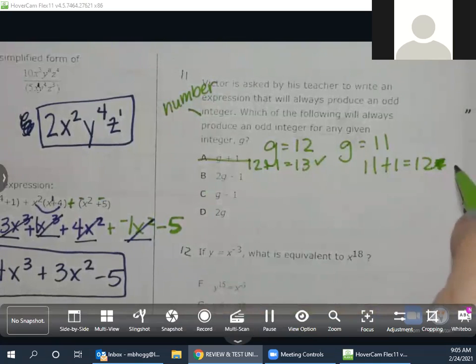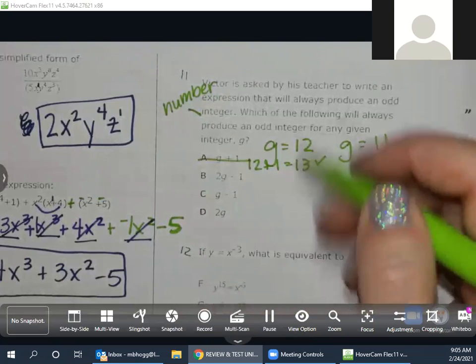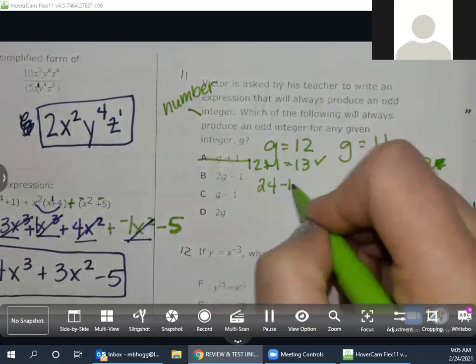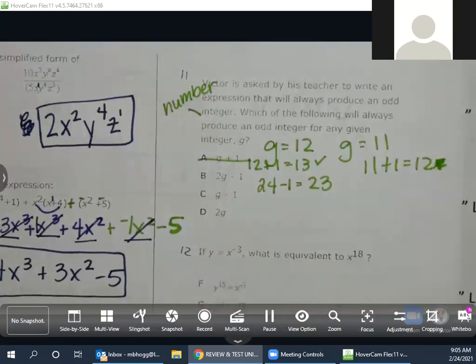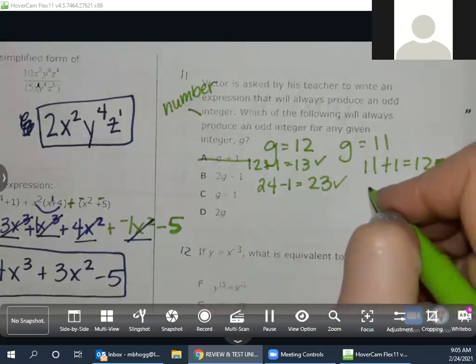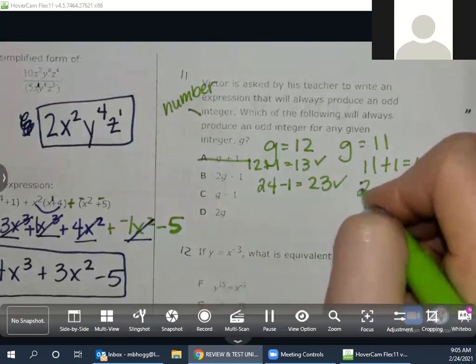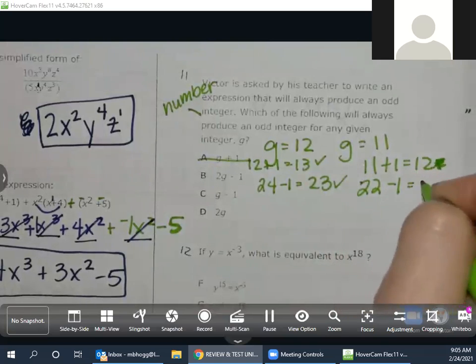Okay. B, if I had 12, I could say 2 times 12 is 24, minus 1 is 23. And that works. But I could also say, if my number was 11, 2 times 11 is 22, minus 1 is 21.